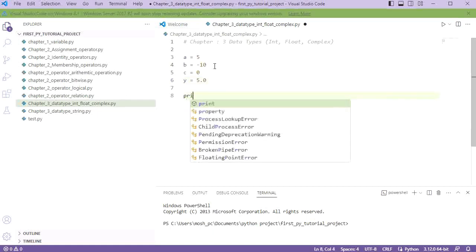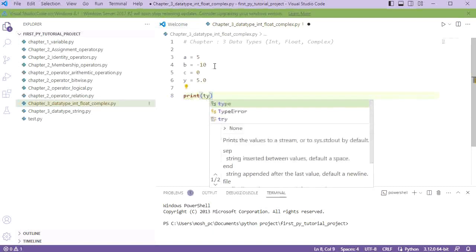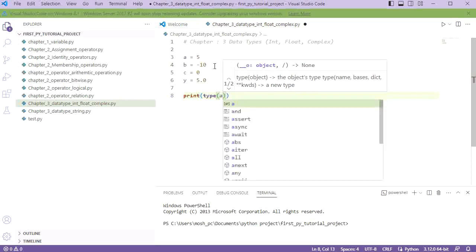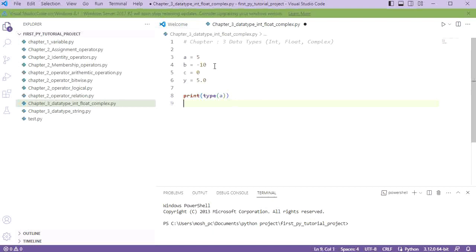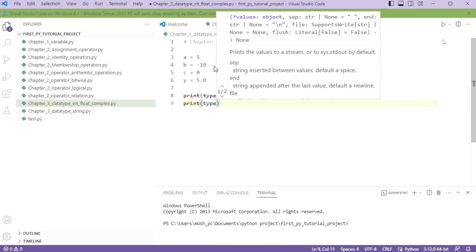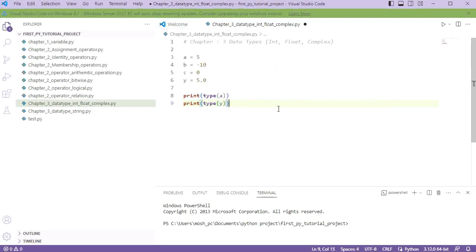Let's check it. Note here, variable a contains 5, and variable y contains 5.0.